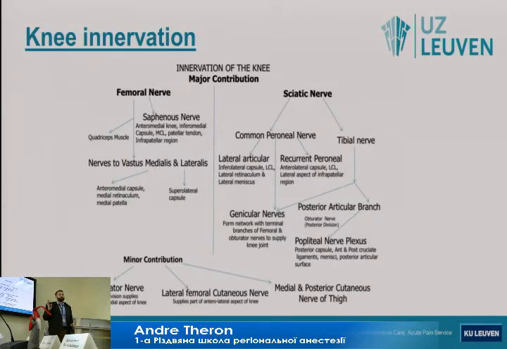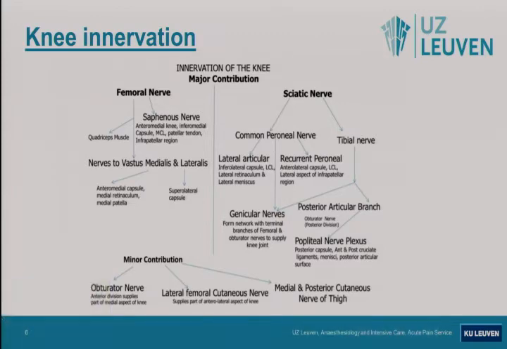Just to remember about the anatomy of the knee, I won't spend much time on this, we just have an anterior and a posterior compartment, and the important parts for knee surgery is especially the femoral component, the saphenous nerve, and the quadriceps. That is the main contributors. We have minor contributors as well that can have an effect on pain, but those are the big contributors.